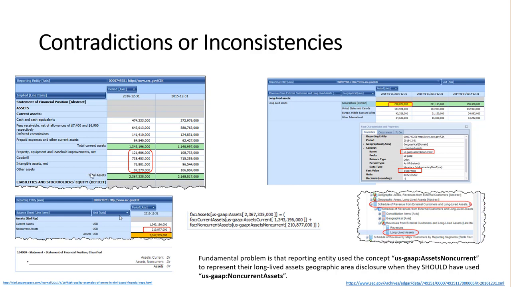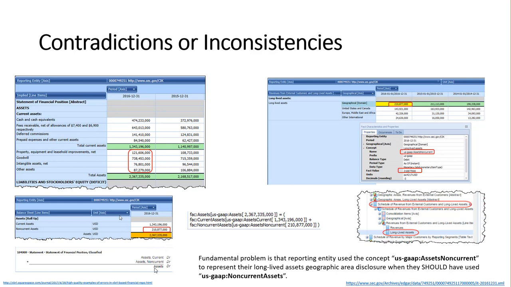There's no subtotal. So they didn't provide that concept. However, they used the concept in a disclosure, you can see it here, incorrectly. So what they've done is they've used the wrong concept in another disclosure, and that contradicts what the balance sheet is saying.